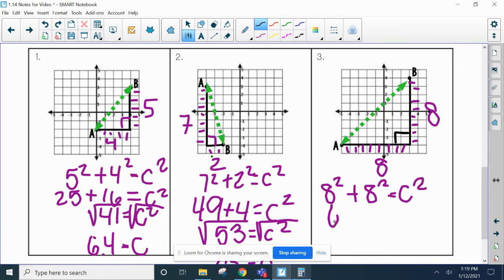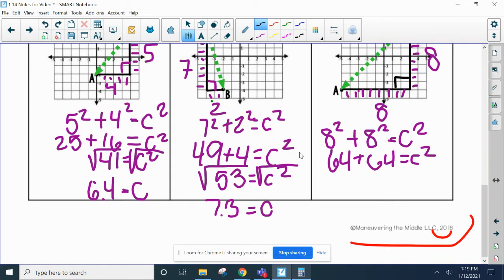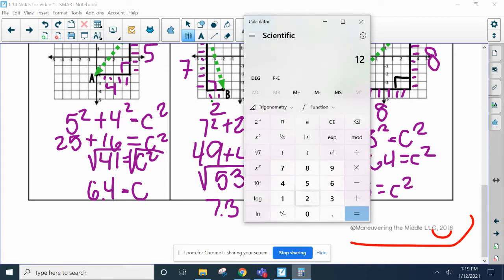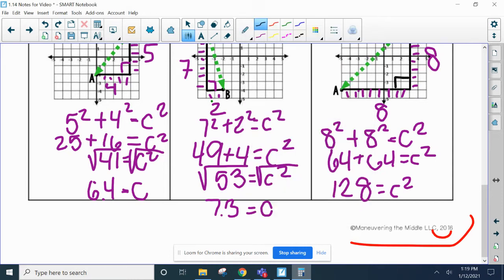We know 8 times 8 is going to give us 64, and 8 times 8 is going to give us 64. So 64 plus 64 is going to give us our distance squared. So 64 and 64 is going to give me 128. And we're going to go ahead and say, what is the square root of 128? And we're going to get 11.3.